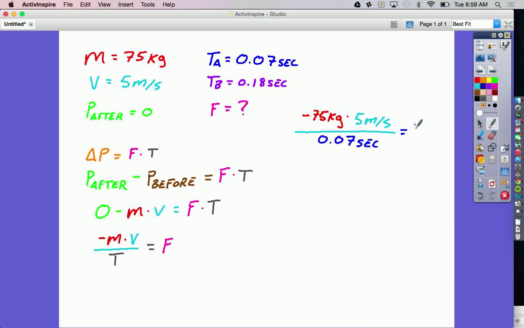And that will give us the force for our A material. And when I divide those numbers, what I'm going to get is 5,357.1 newtons for material A.